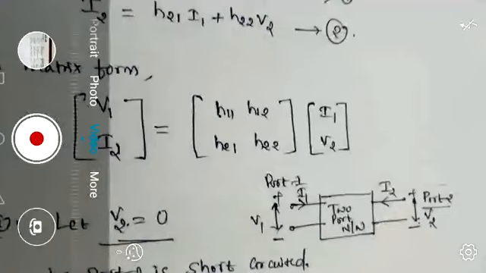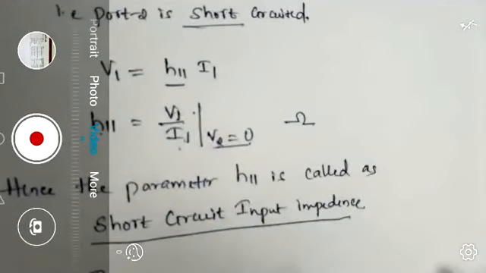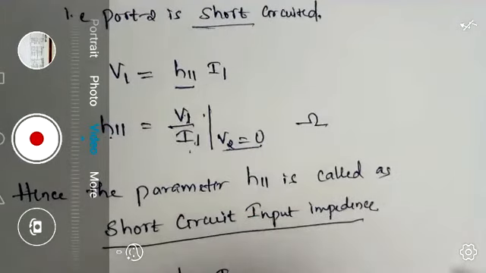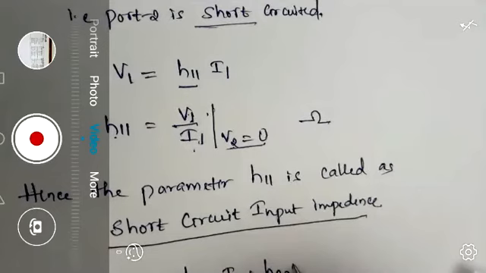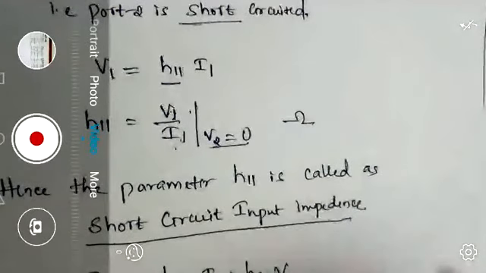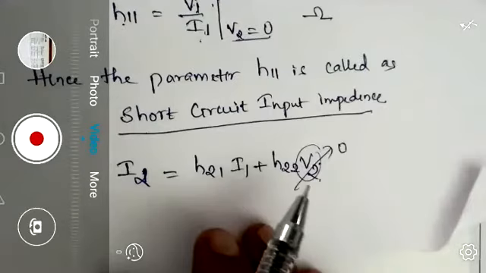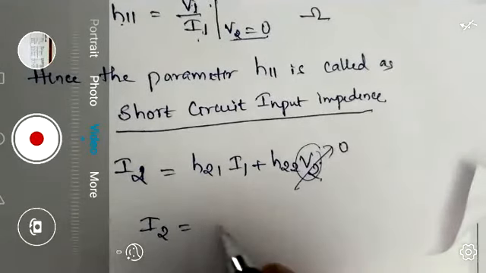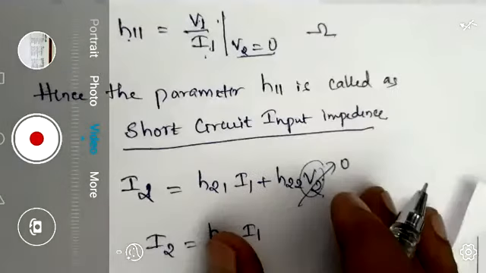Here the second term becomes 0, so I2 is equal to H21 multiplied by I1. Correct? Now further simplification.